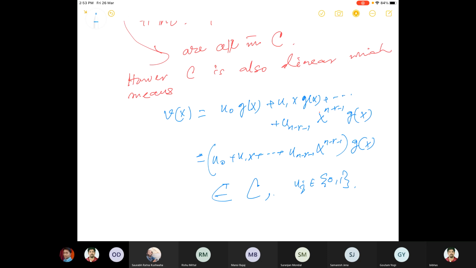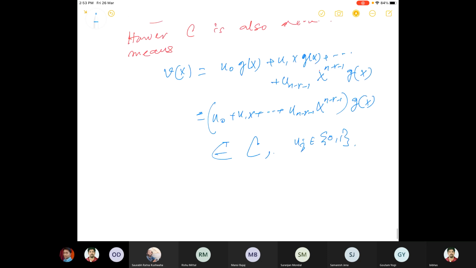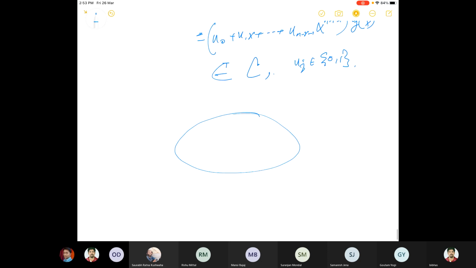So look at the broad picture, what we started with. This was my cyclic code. Now I took the minimal polynomial here, which is g(x). Now I am creating other polynomials from it. Multiply this with x, multiply this with x squared, multiply this with x cube, and so on.